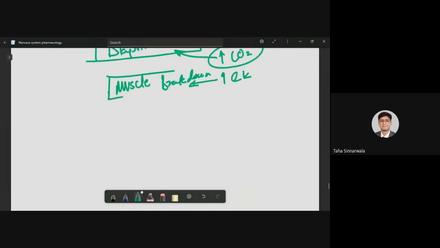Finally, we have only one thing remaining for malignant hyperthermia, and that is, what is the cause? The cause of malignant hyperthermia is primarily anesthetics, and majorly it is caused by inhaled anesthetics.